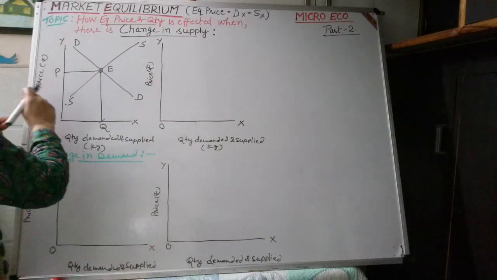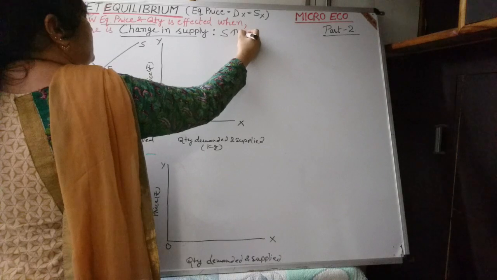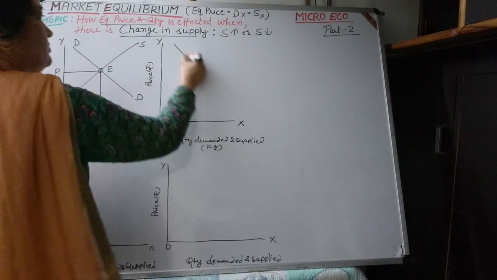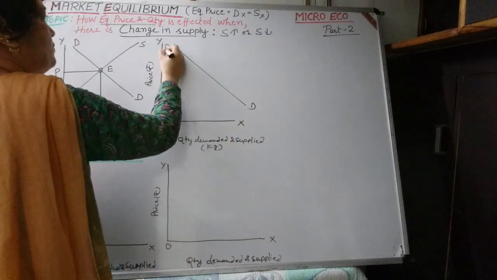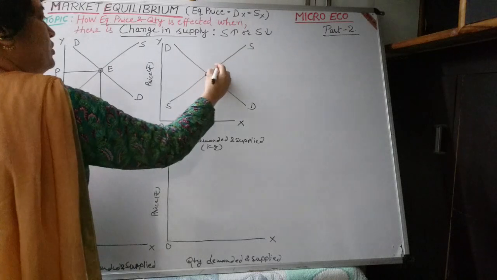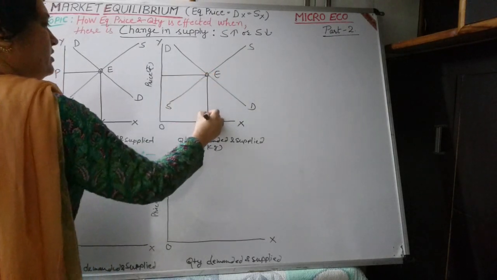So change in supply means both increase in supply or decrease in supply. So let us prepare first of all two common diagrams for the determination of equilibrium price and equilibrium quantity.